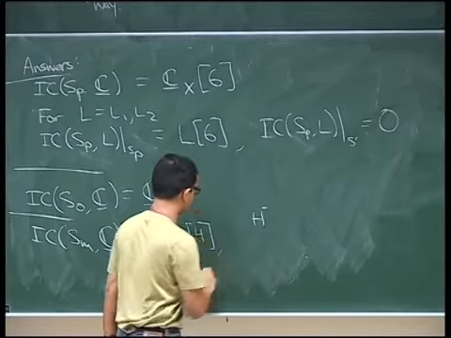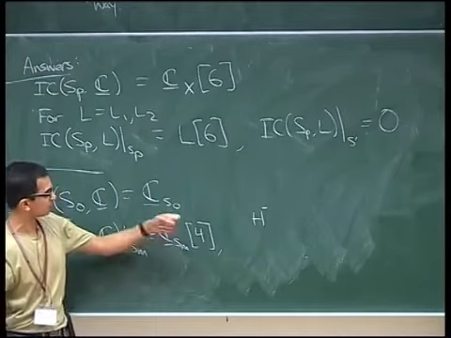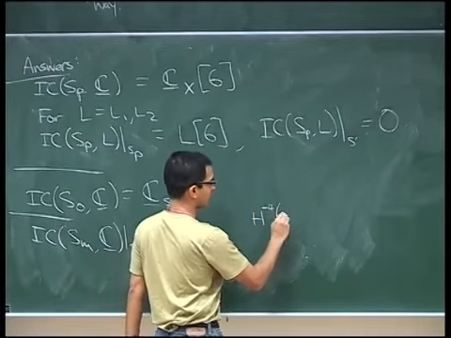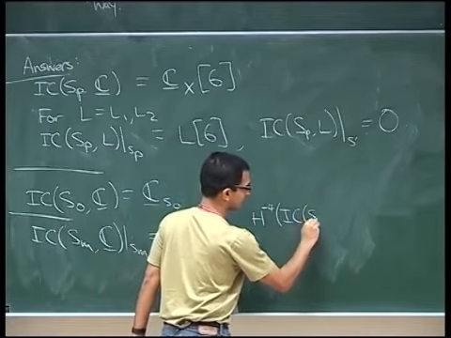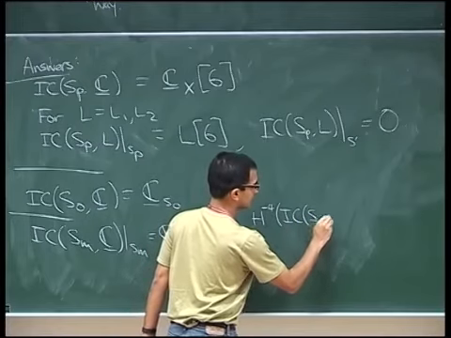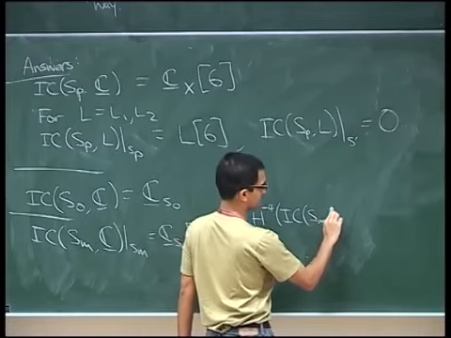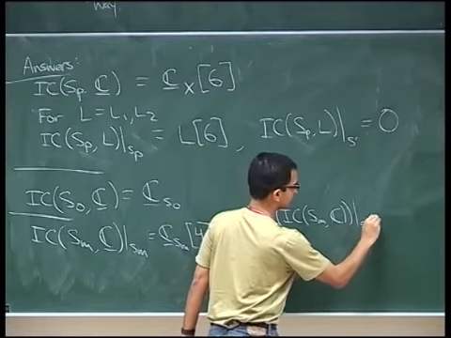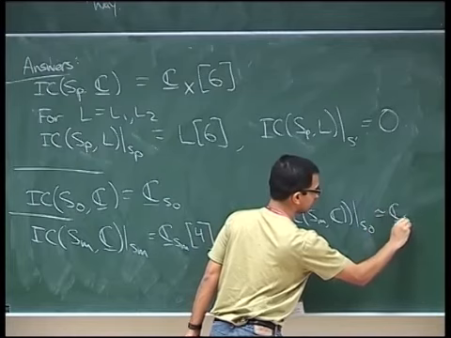So remember that shifting by 4 means putting it in degree -4. So the -4 cohomology of this object restricted to S0 is the trivial local system.